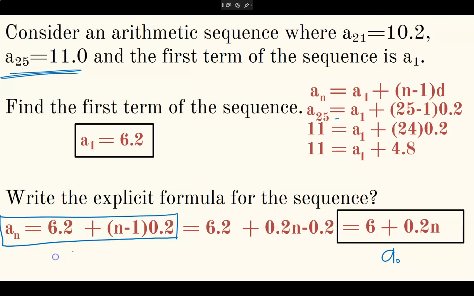But if it wanted me to convert it, if I had a sub 0, I can distribute and simplify to show what it would look like as a sub 0. So I can go back and forth between the two. All right, a couple more. We've got this. We're going to do some more converting.